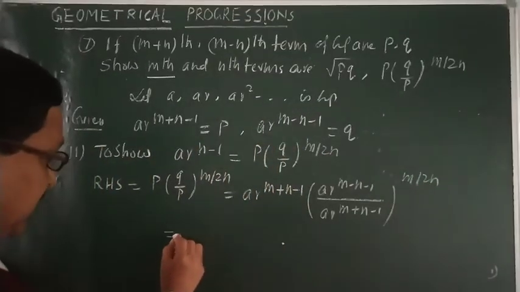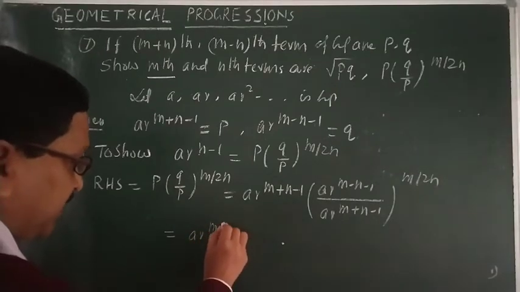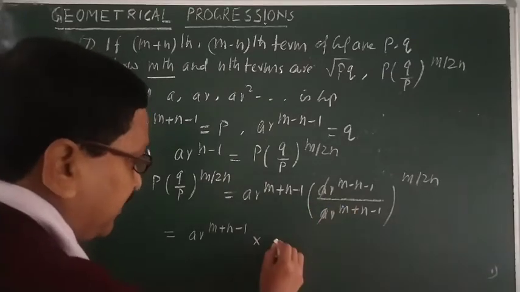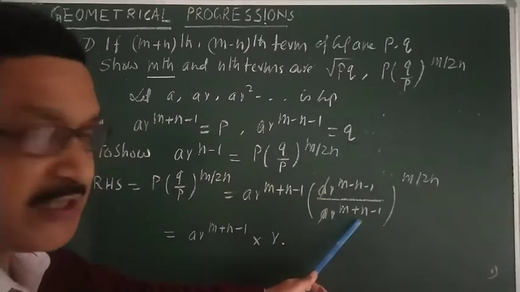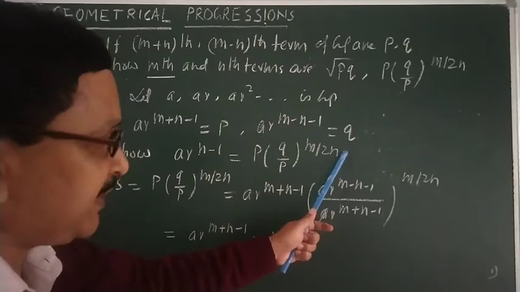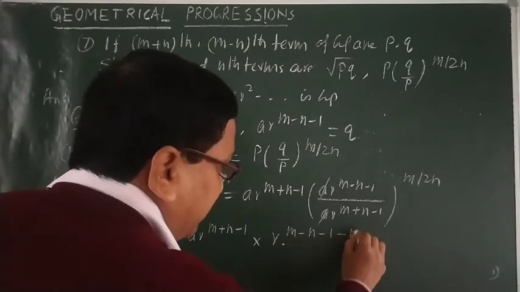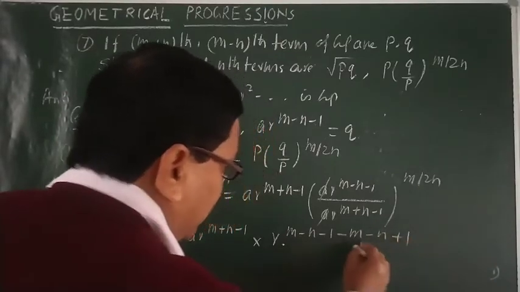So this is AR^(m+n-1) into A cancelled. When R powers go upside, the sign will be changed. So m minus n minus 1 minus m minus n plus 1.